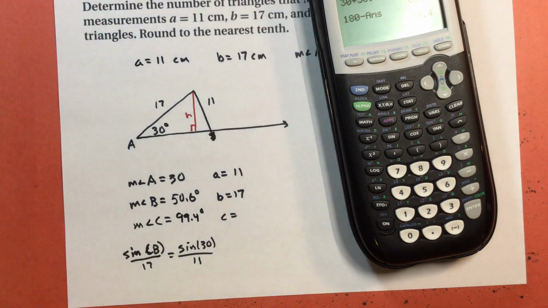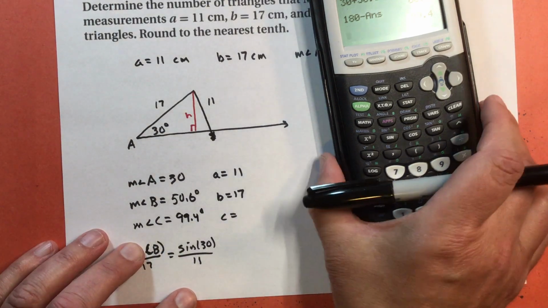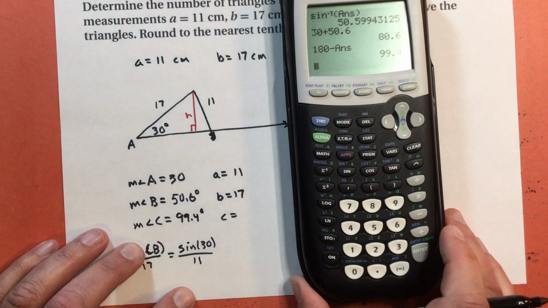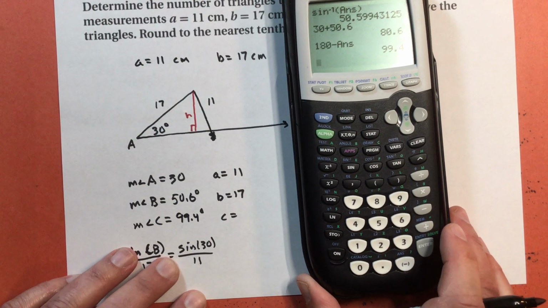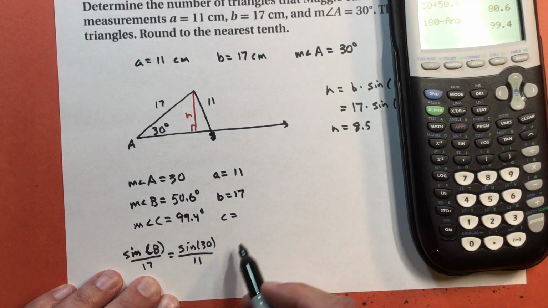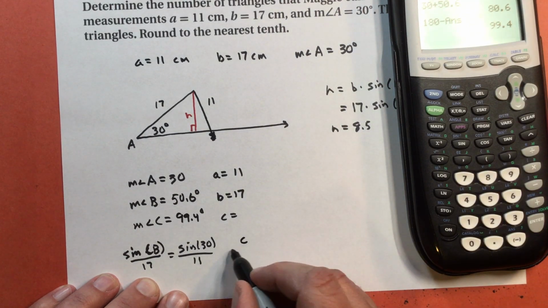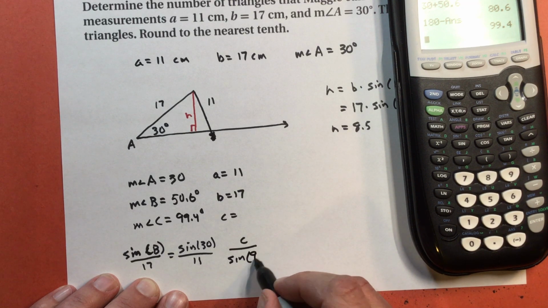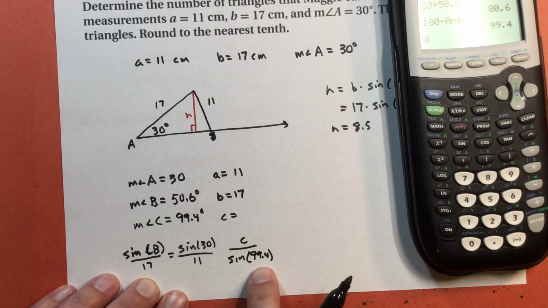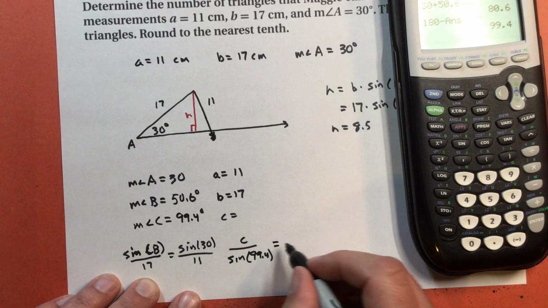It's probably about 99.4006 or something like that. So now we're going to use, again, the law of sines. C over the sine of angle C, 99.4. And again, I know that that's an estimation, so I have error in my math.